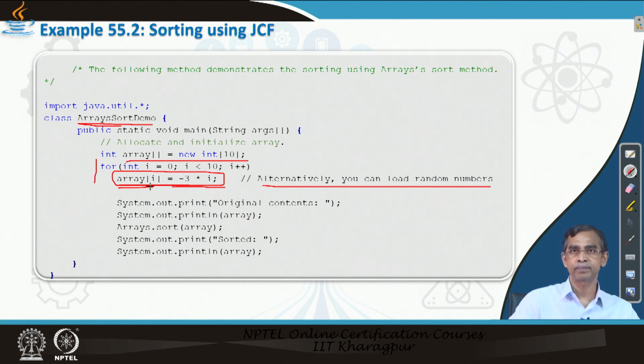This is a good point to note. Here you print the array before sorting, then call the sort method on the array, which sorts it, then you print after the sort. That is all. This gives an idea about how the sort method, which is defined in the Arrays class, can be used in your program.